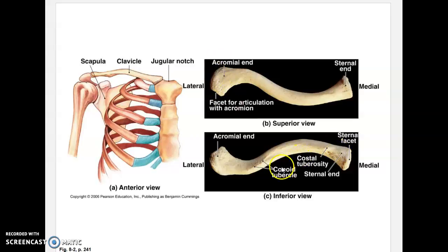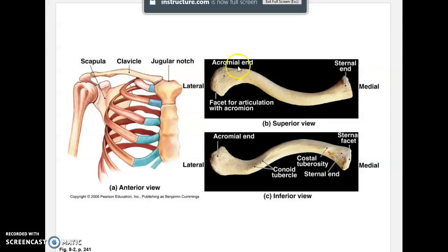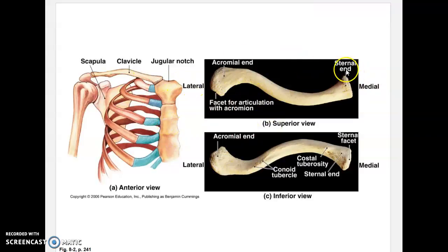Another thing we have, near this little bend going to the acromial end, is something called a glenoid tubercle, a little sharp protrusion. You can see that sharp protrusion right through here a little bit, and that's always going to be near the acromial end, and it's always going to point downward. We should be able to look at this and tell if it's right or left according to the curvature, the glenoid tubercle, the acromial end, and the sternal end.